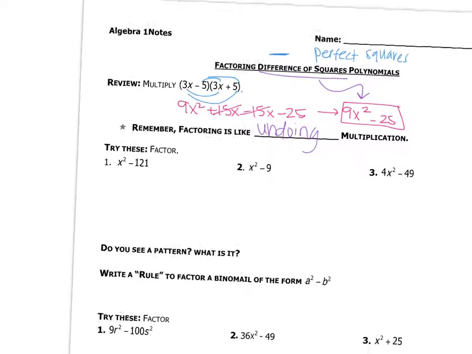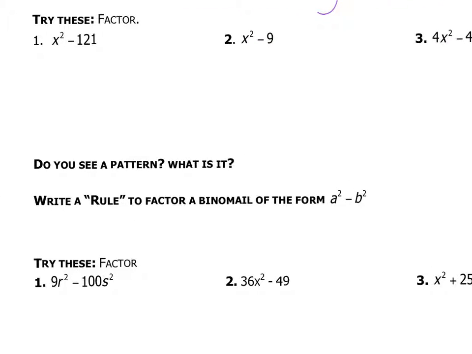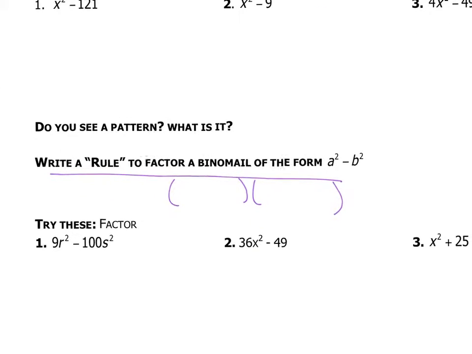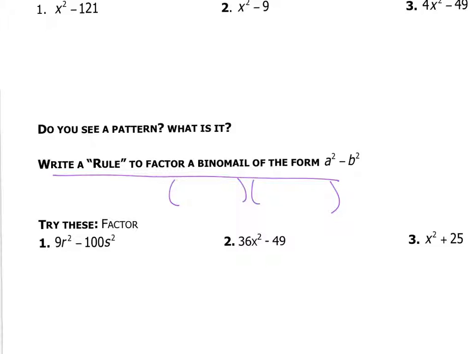I'm actually going to jump ahead just a second down to the rule for factoring a difference of squares. So you're going to have two factors, two sets of parentheses. We take the square root of the first term. The square root of a squared is a. That goes in the first two spots.